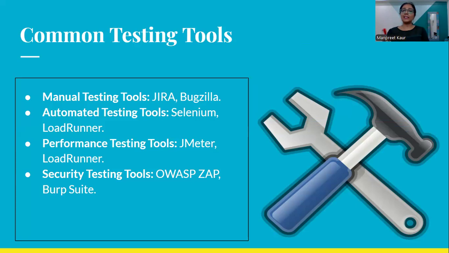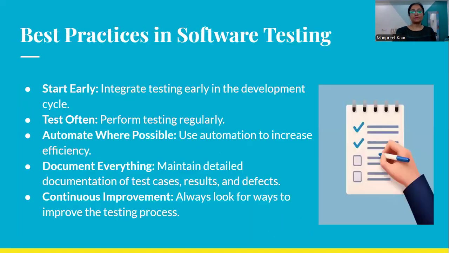Performance testing is nothing but checking the performance of the system, in how much time it brings back the result, right? And how many users at once can log in or use that application, that is performance. Then security testing is there. So these are some tools. Security testing is related to data masking and everything, so experts can do that.